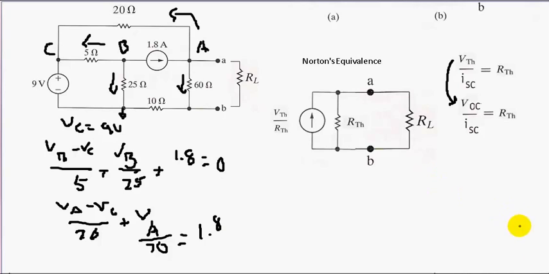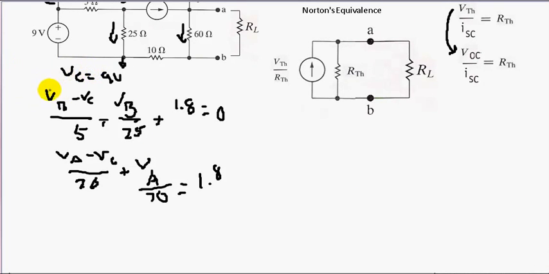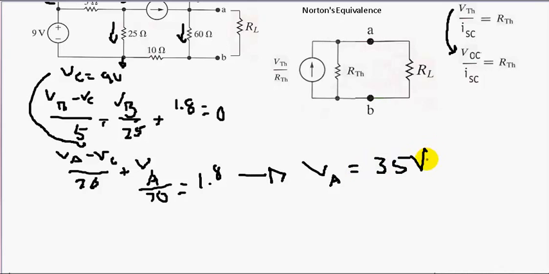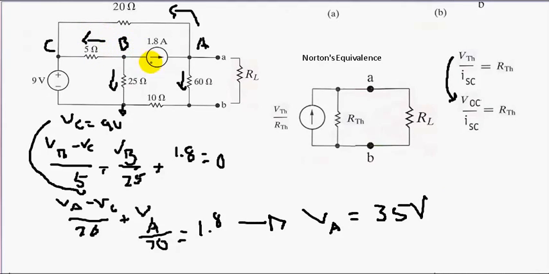We know that VC is 9 volts, so we can plug 9 volts into VC and solve for VA. Turns out that VA is 35 volts.